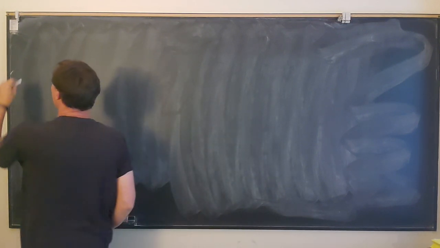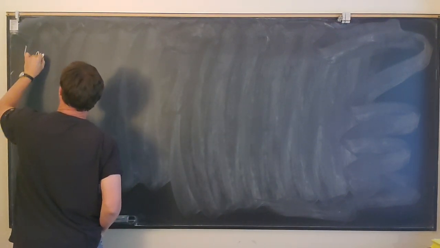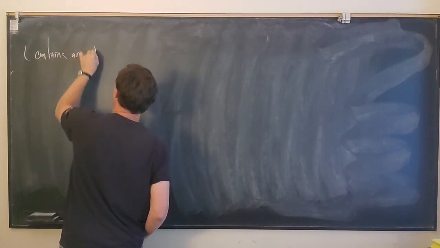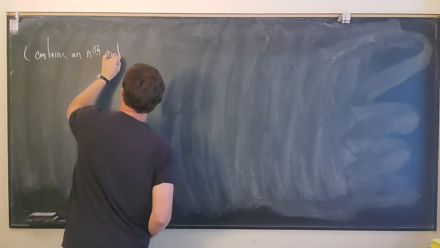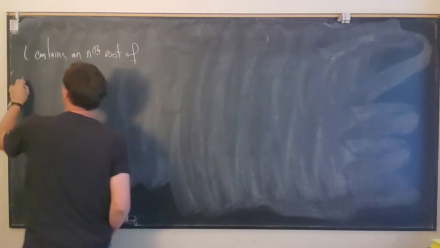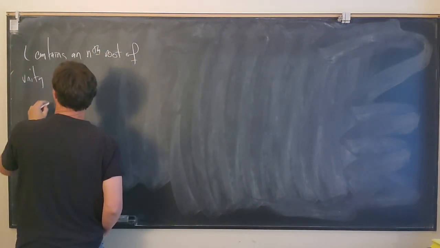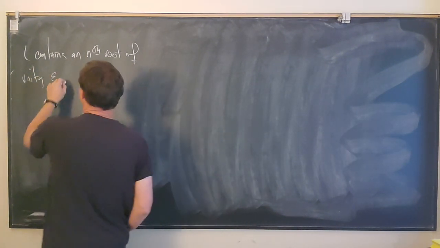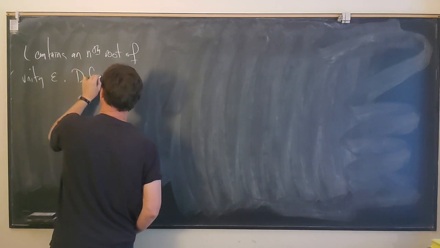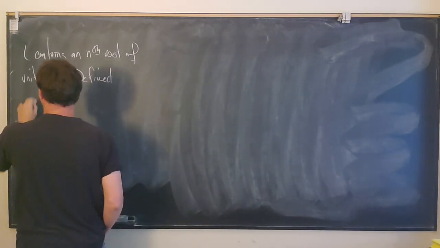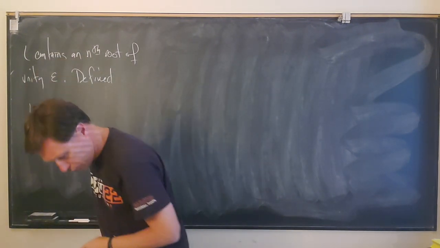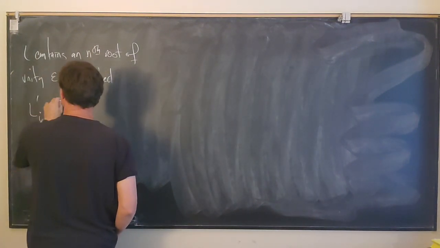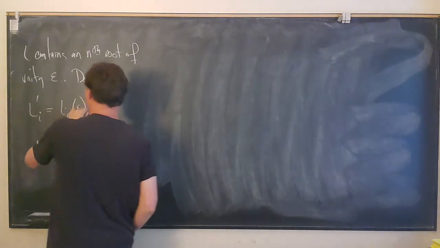So we had that L contains an nth root of unity, which I called epsilon, and then we defined L sub i prime, that was equal to L sub i adjoin epsilon.